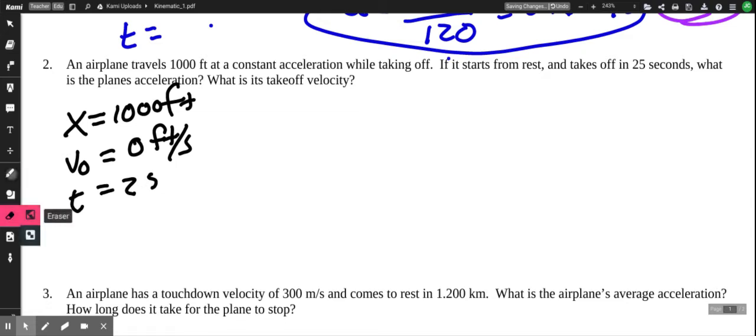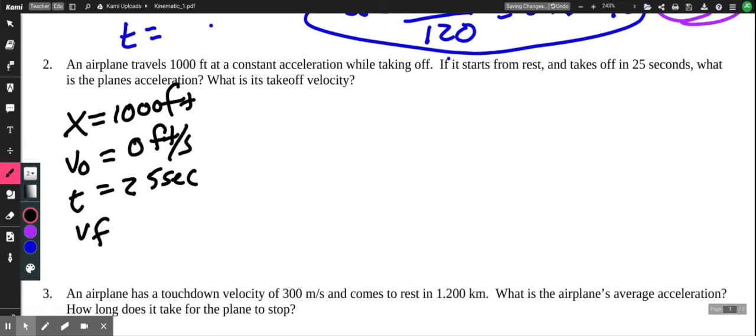So if we know the data on the screen, position, initial velocity, and time, that means we don't know the final velocity. And again, we don't know the acceleration. We must find the acceleration before we find the final velocity. You must have that first.